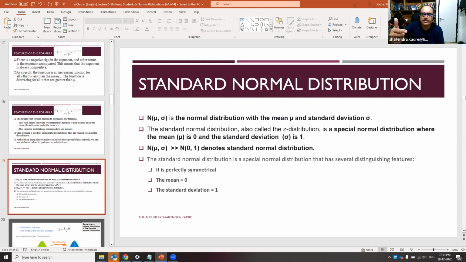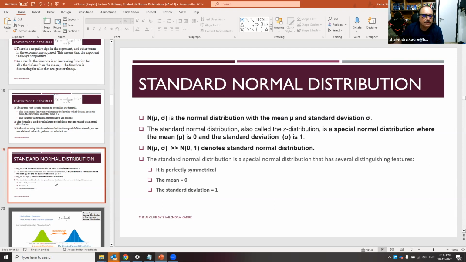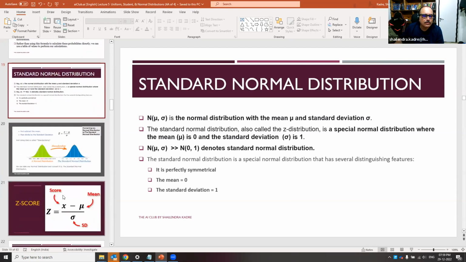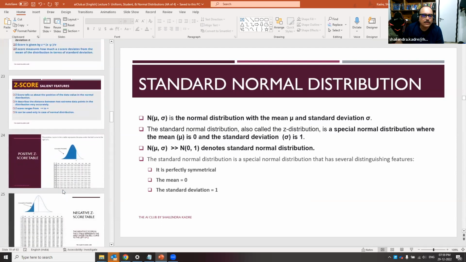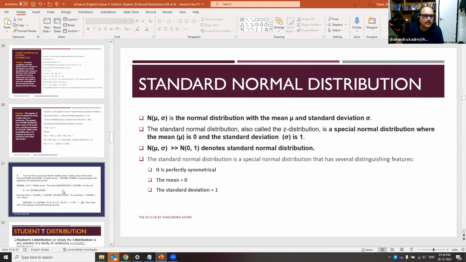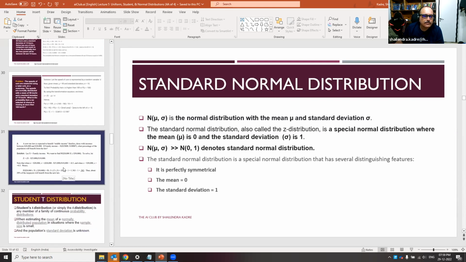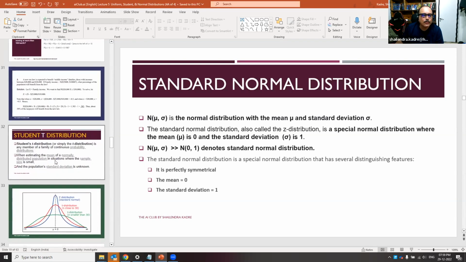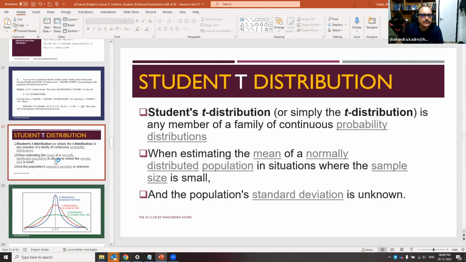Then we'll go to some numericals. Tomorrow we can finish our normal distribution, and maybe some portion of the student T distribution will start.